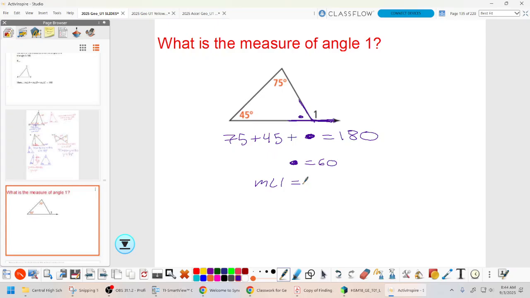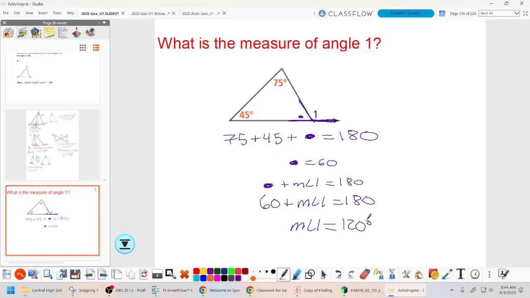Yeah, good. Because what kind of angles are these? Linear pair. So we can write it as the dot plus measure of angle 1 equals 180, because they're a linear pair. They add up to 180. We just found the dot was 60 by using the triangle angle sum. So what's the measure of angle 1? It is, just subtract 60, 120.